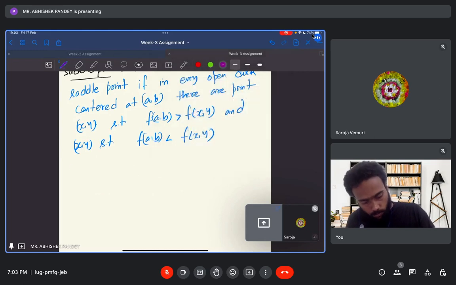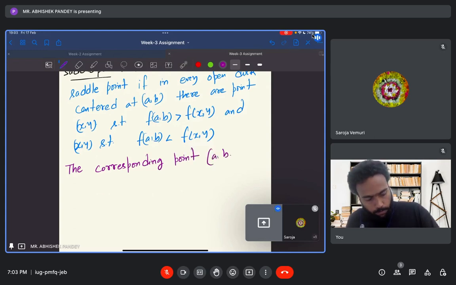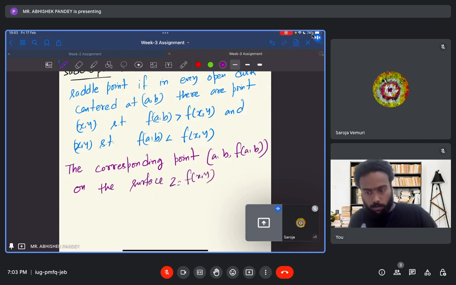So the corresponding point a comma b comma f of a comma b on this surface z equals f of x comma y is called a saddle point.